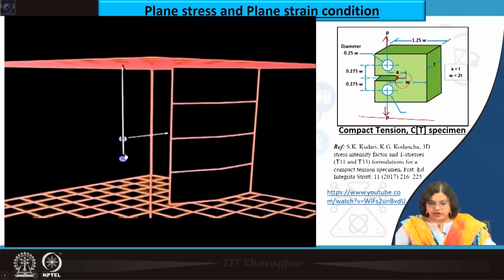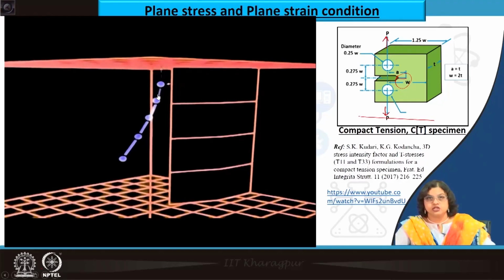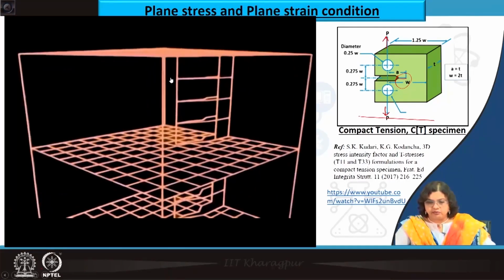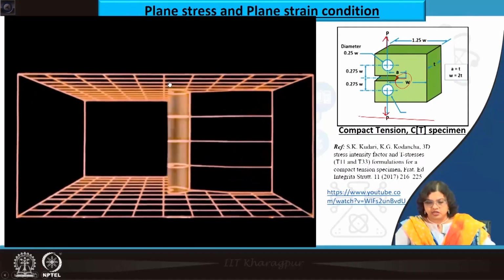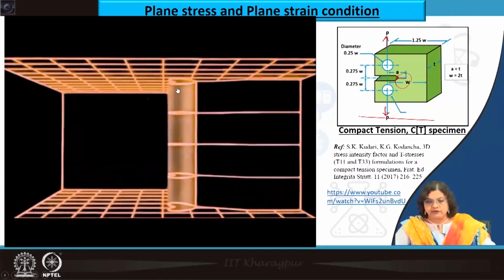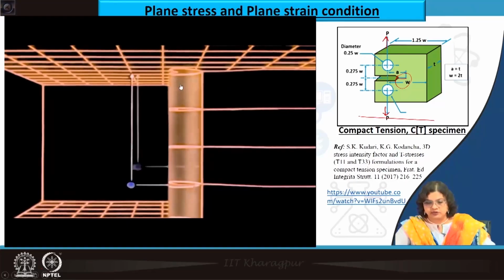To obtain similar kinds of values, if we are shifting the point upward, we need to shift it towards the crack also to maintain this plane strain condition, and eventually it has to be very near to the crack tip to achieve this plane strain condition. But so far we have not talked about the plastic zone and its influence.